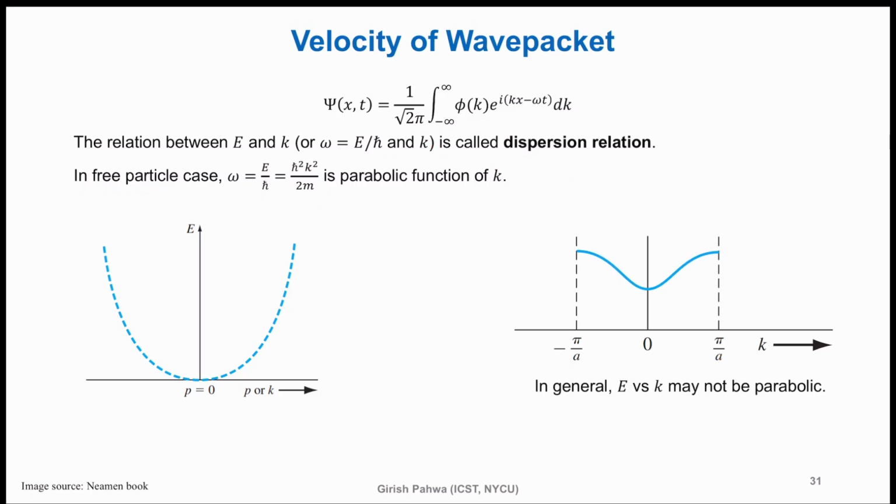It may be some nonlinear function like this, not exactly a parabola. So whatever the case, we can still use this equation in the same form, whether it's for a free particle or an electron moving inside a crystal, because this equation is simply saying that you are summing up different wave functions.